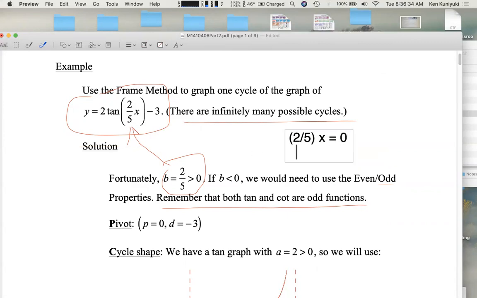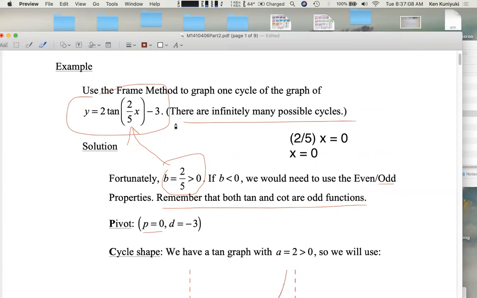Here, it's straightforward. 2/5 x equals 0 when x equals 0. So there's no phase shift. There's no horizontal shift. If you want, you could add or subtract by the period, but there's no need to do that here. If the phase shift can be said to be 0, we'll use 0.